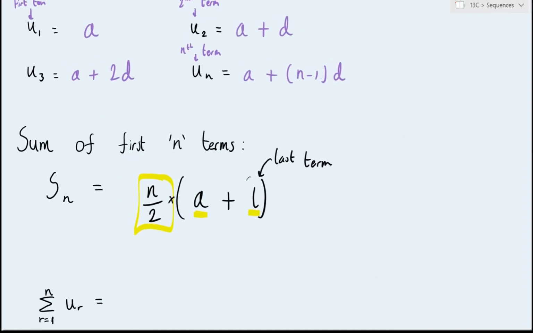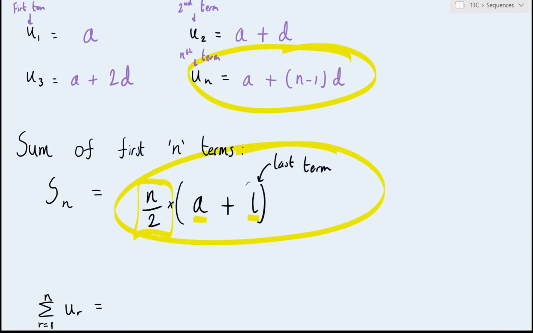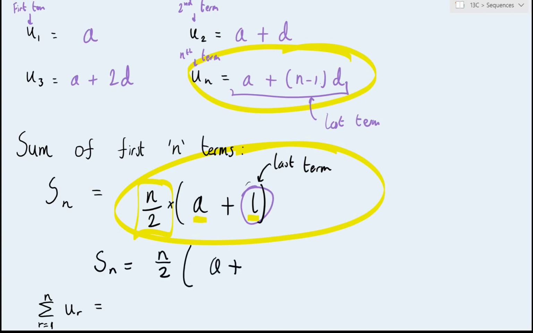What they do is they basically combine this formula with this formula. Your nth term, like I mentioned a second ago, can also be thought of as your last term. So I can replace this L with everything here. Now the sum of my first n terms is n over 2 times a plus, and I'm just plugging in everything here.